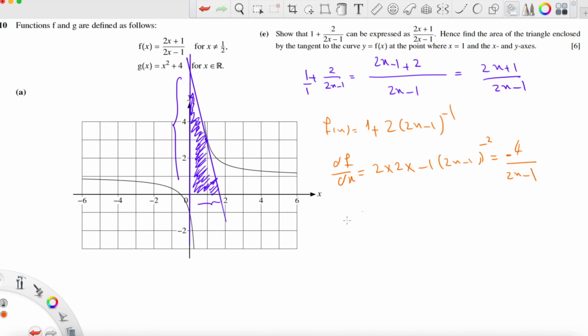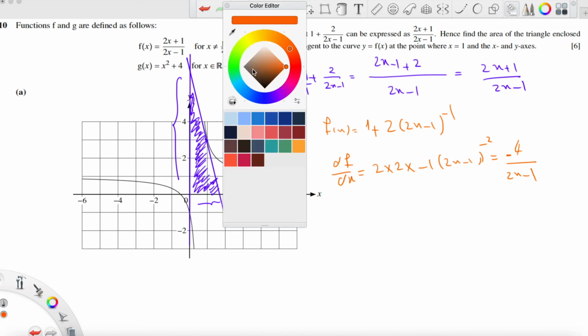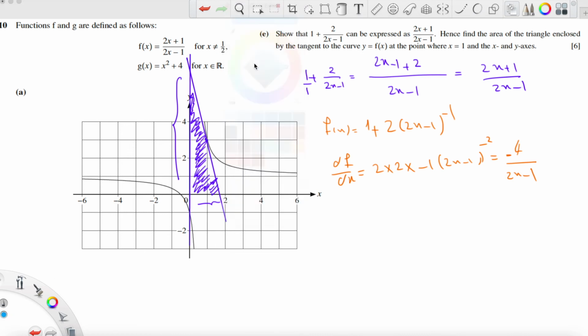It will be the gradient formula, but m at the point where x is 1 will be negative 4 over (2 times 1 minus 1), which is 1, so it is negative 4.